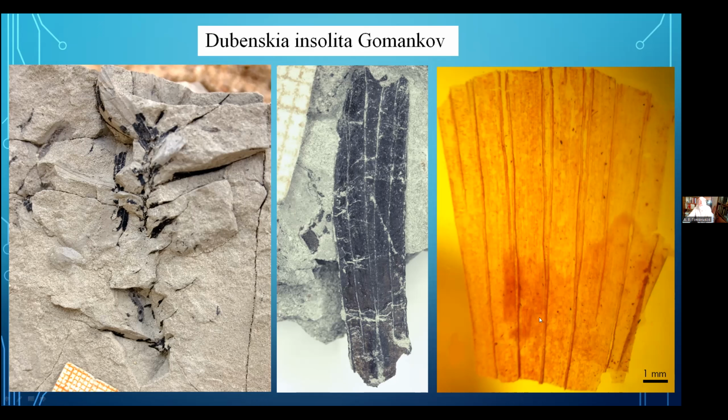You can see them here. Some of the dorsal furrows insert, like here, for example, or here, and some dichotomize. Veins were not visible in any specimen of Dubensky, and it was a puzzle how they behaved with such a pattern of dorsal furrows.